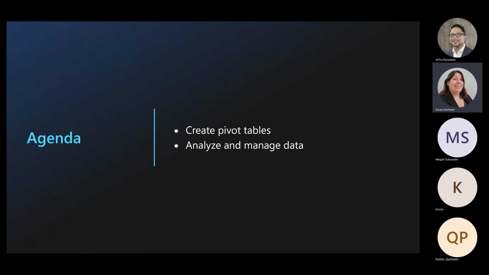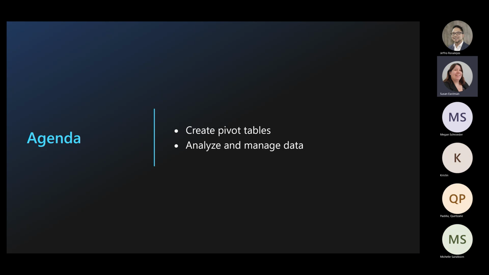So today's session, we're going to learn some of the tools that are more advanced features in Excel. Pivot tables are a powerful tool to calculate, summarize, and analyze data that lets you see comparisons, patterns, and trends in your data.